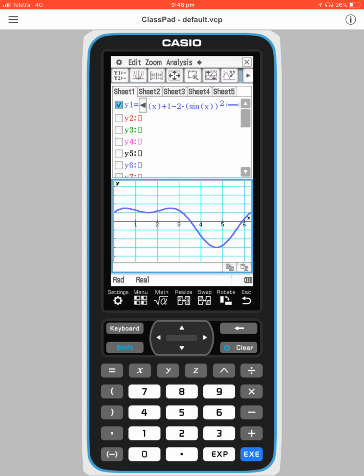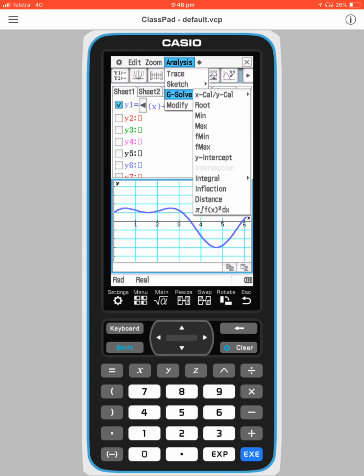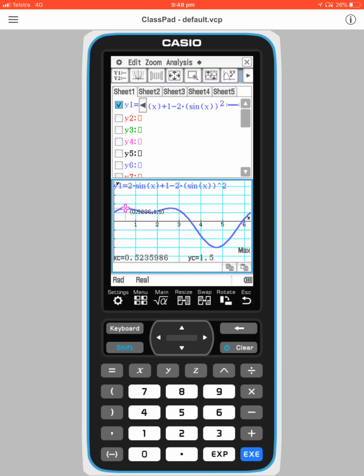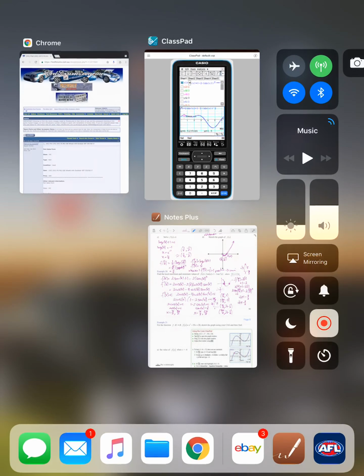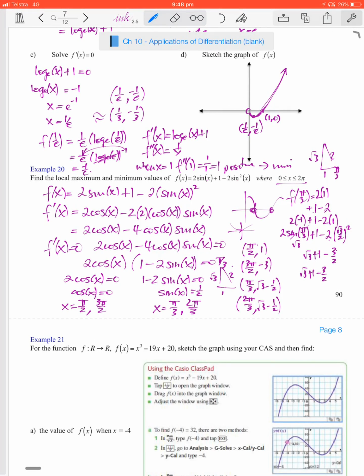So there's our graph. So we've got a maximum at, that must be pi on 3. No, that's not pi on 3. What is that? We've got a maximum at pi on 2.